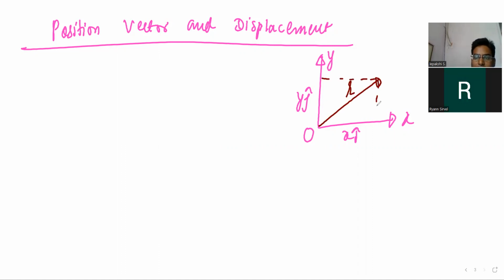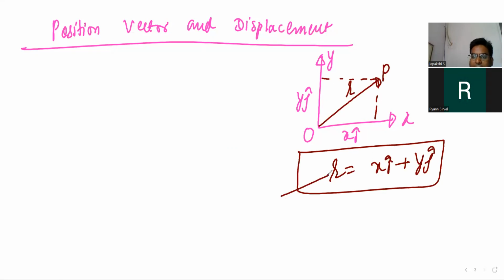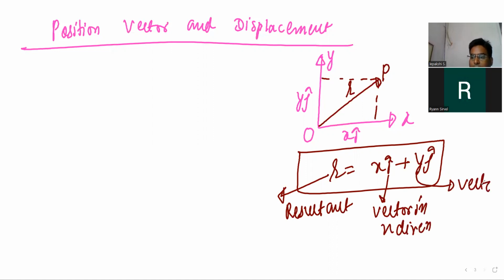So now join the points, right? So denote it as P. So R can be written as R is equal to x i plus y j, right? So R is the resultant of x and y, and this is your vector in x direction, and this is the vector in y direction, right?